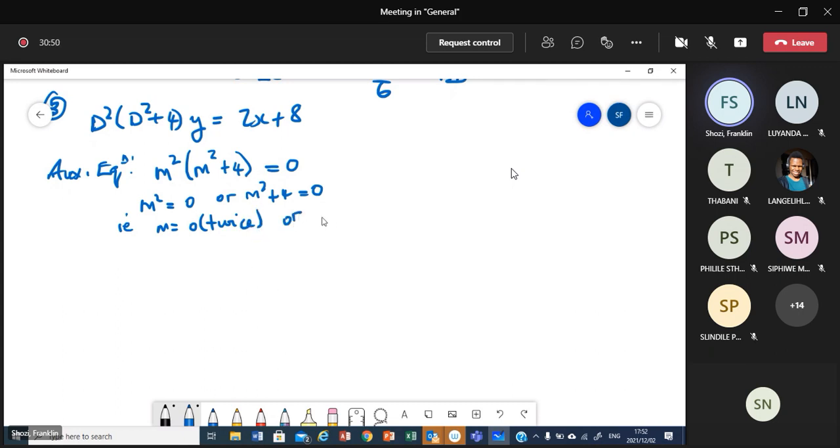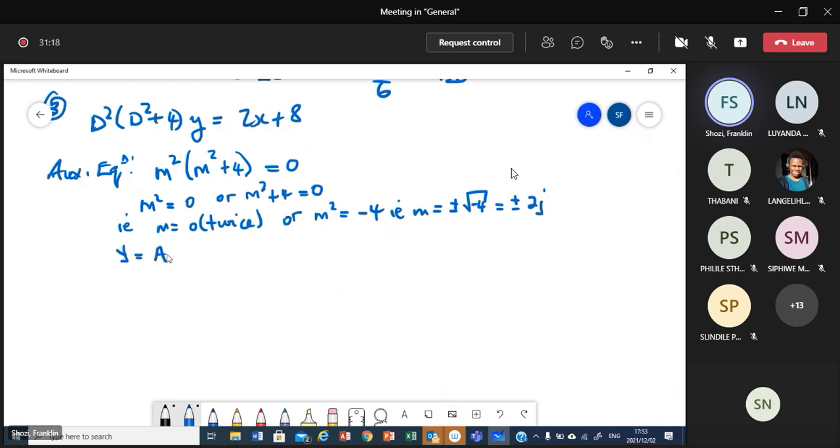Or m squared is minus 4, so take the square root. You'll see that the roots become imaginary now. So it's plus or minus the square root of minus 4, which is plus or minus 2j.